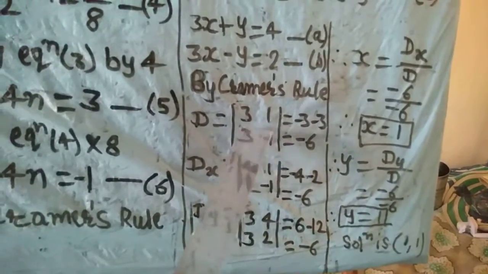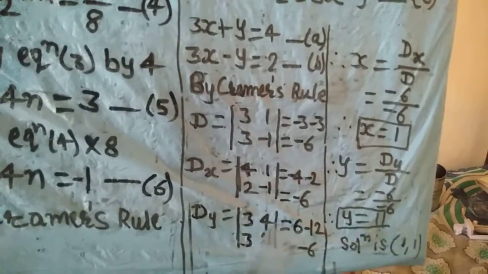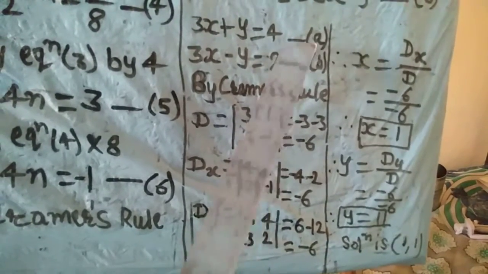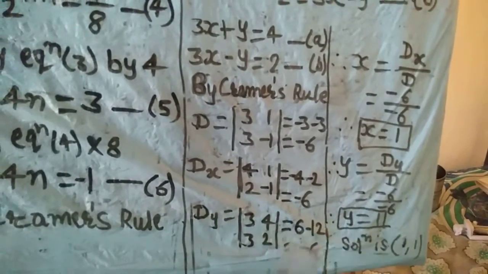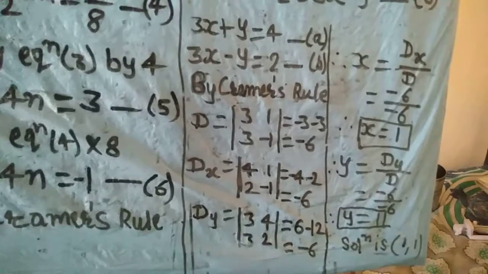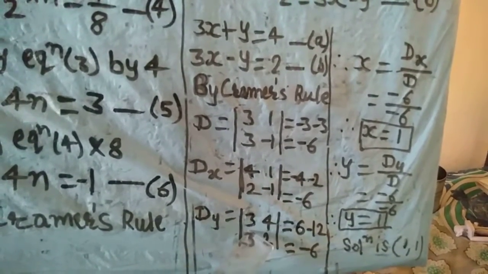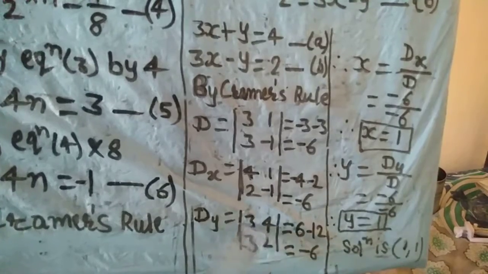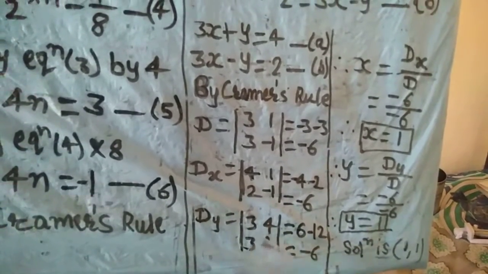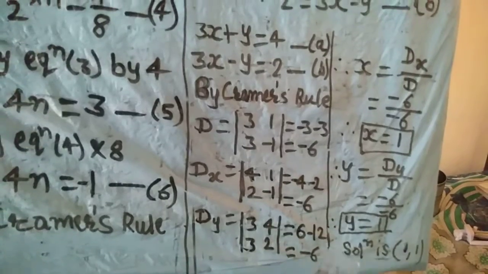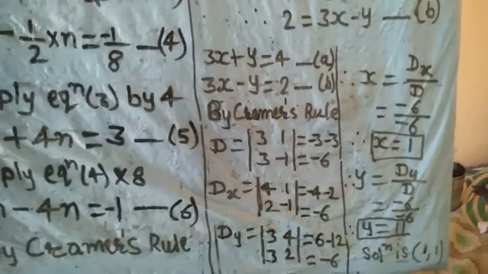Your x term is 3, 3, so keep 3, 3 as it is, and instead of the y term we use the constant terms, that is 4 and 2. So again make their cross multiplication. 3 multiplied with 2 is 6, minus 4 multiplied with 3 is minus 12, so it will be 6 minus 12, that is minus 6.